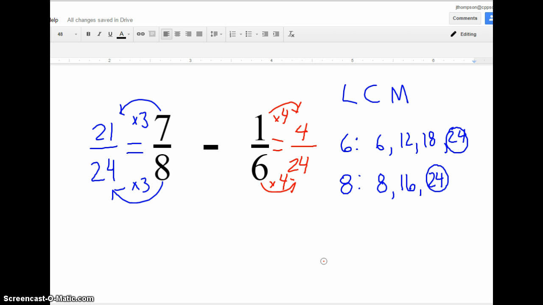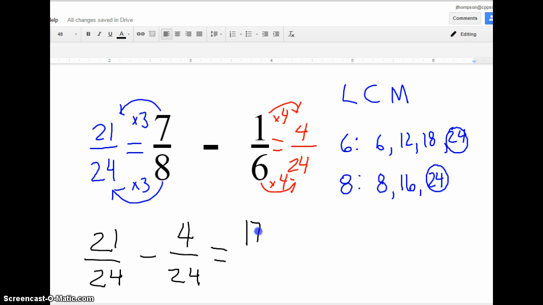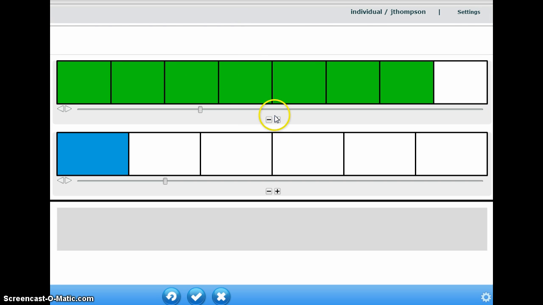So now I have two equivalent fractions with common denominators. I can look at that and see that 21 24ths minus 4 24ths gives me 17 24ths. And here's what that looks like. Here's my 7/8.